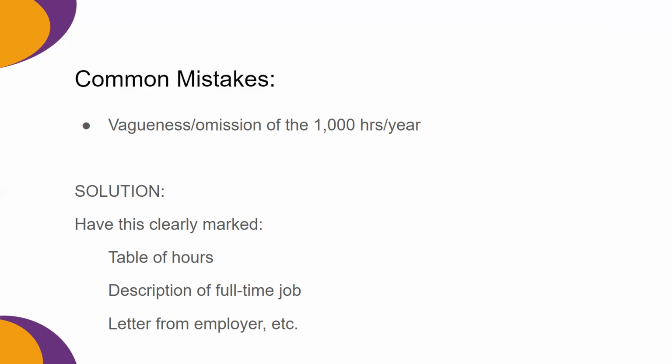But people have presented these in a number of ways, but as long as it's clear to the reviewers that those 1,000 hours were met, and it's written down somewhere and explained to the reviewer and they can find it in the application, that should suffice for letting them know how those hours were met.